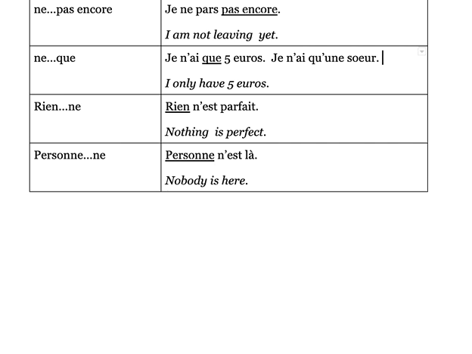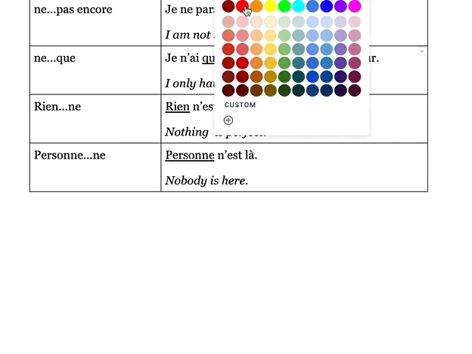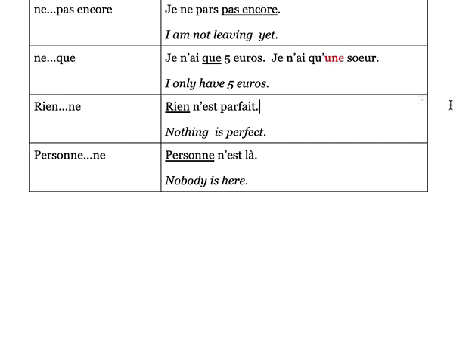Now, I wanted to write that example for you because, if you're a keen listener, you might say, Jennifer, question, why is it that une, remember, I told you that une changes to de after negation. Why isn't it doing that here?